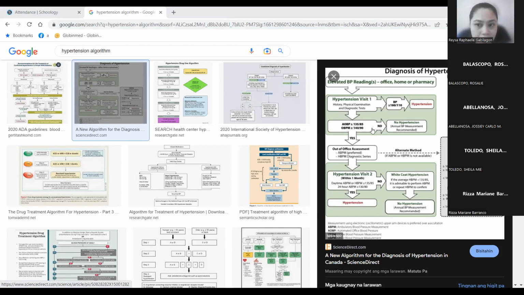Pero pag hindi, mababa pa dito, meaning mas mababa pa sa 135/85 or 140/90, walang hypertension yung person. But it needs to be checked annually. Pero if yes, pumatong ng 140/90 or 135/85, further testings should be done.